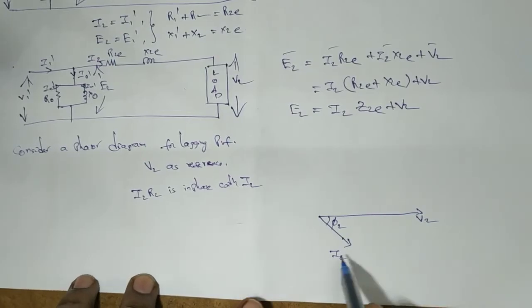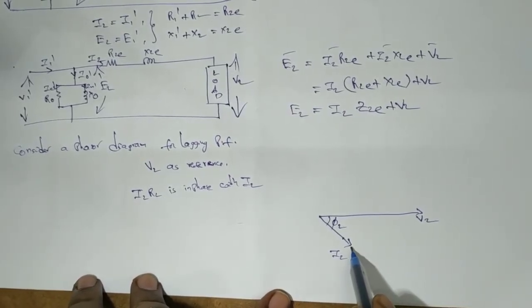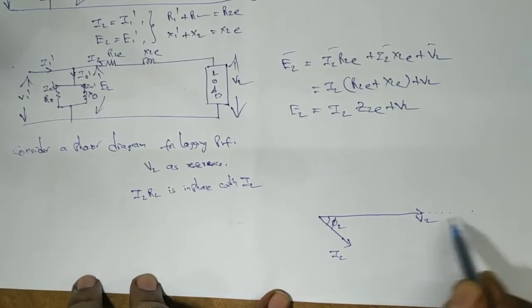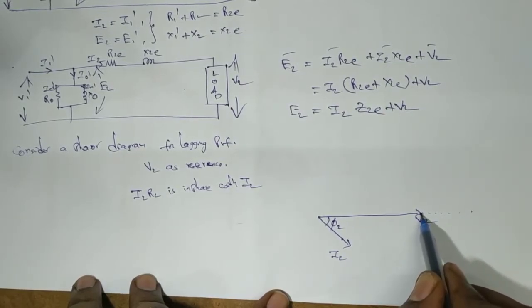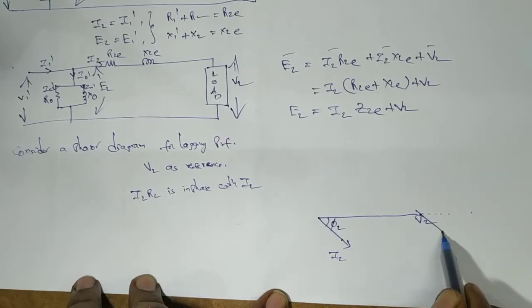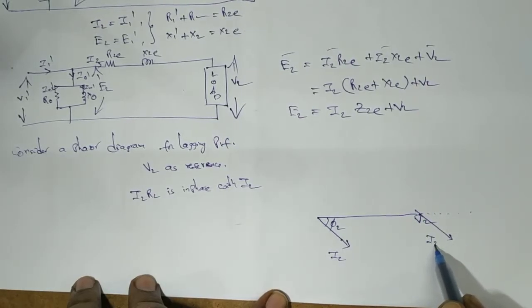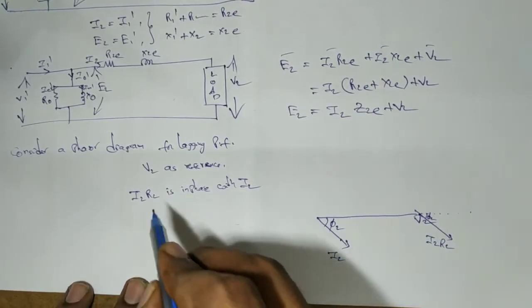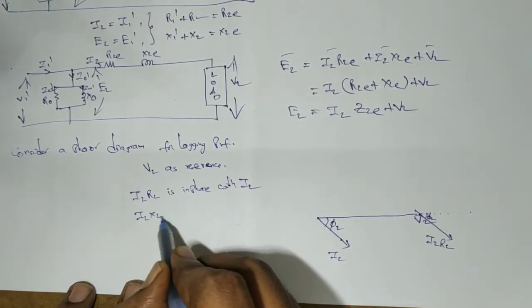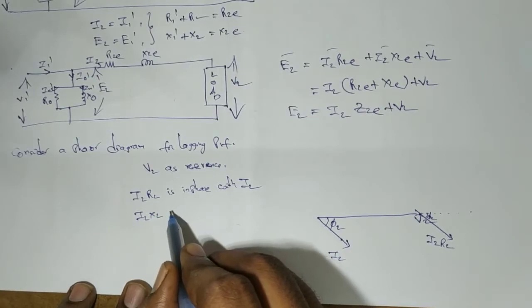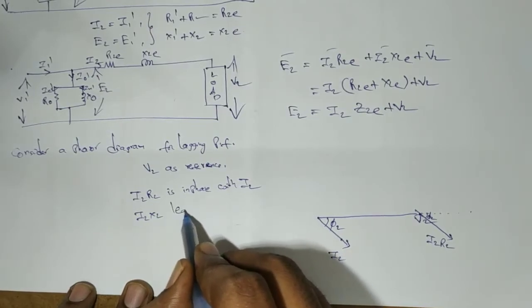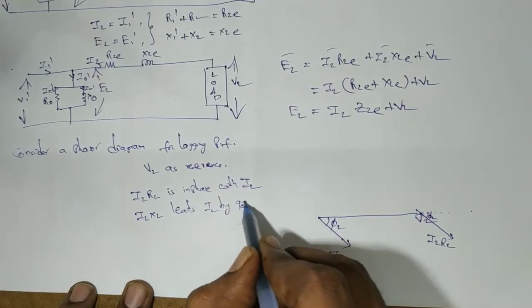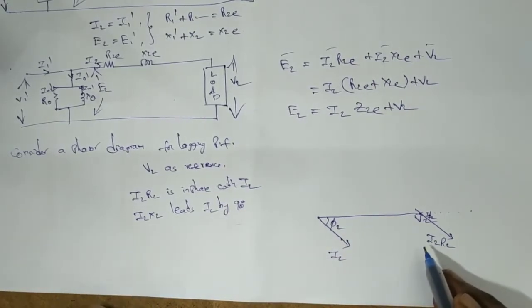Actually current I2 is this vector, but instead of writing I2, I am writing the I2 R2 vector at V2, in order to get the above equation. So I2 R2 will be in phase with I2 only. We have the same angle as I2 with respect to the reference. Now another term, I2 X2E, which is nothing but voltage across the inductor, will be leading the current flowing through the resistance, that is I2.